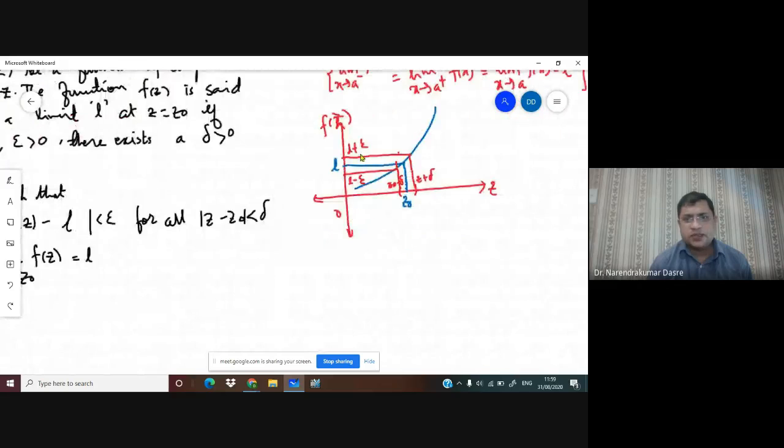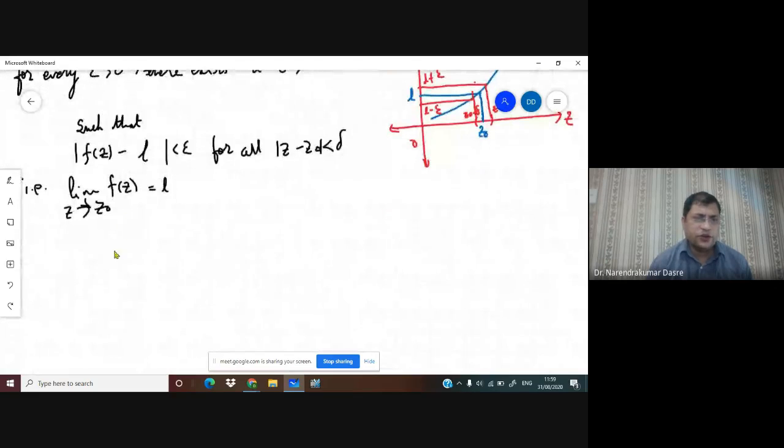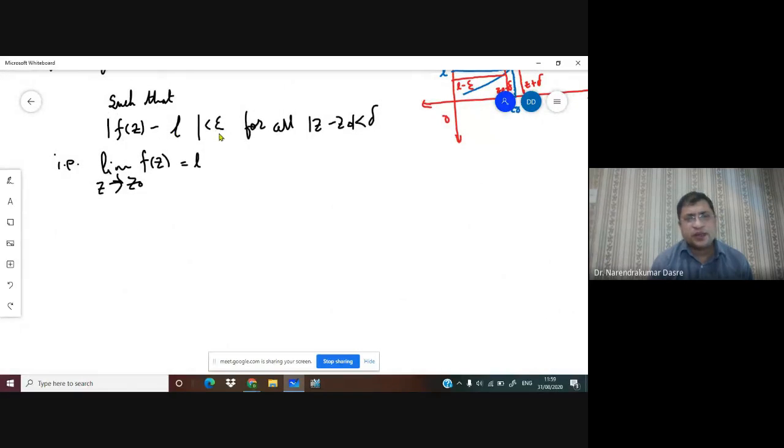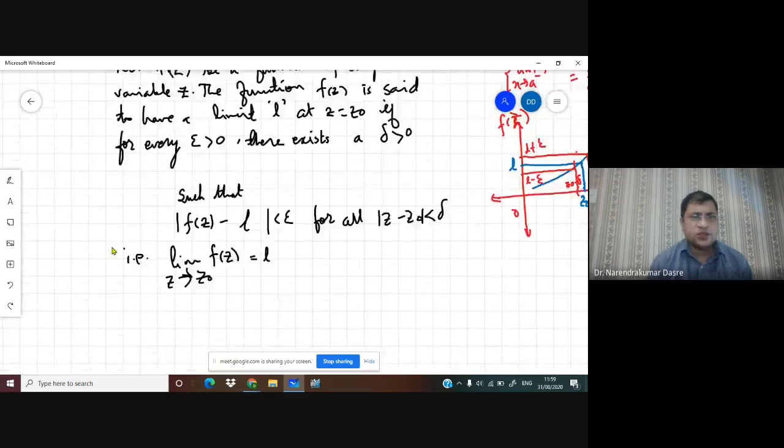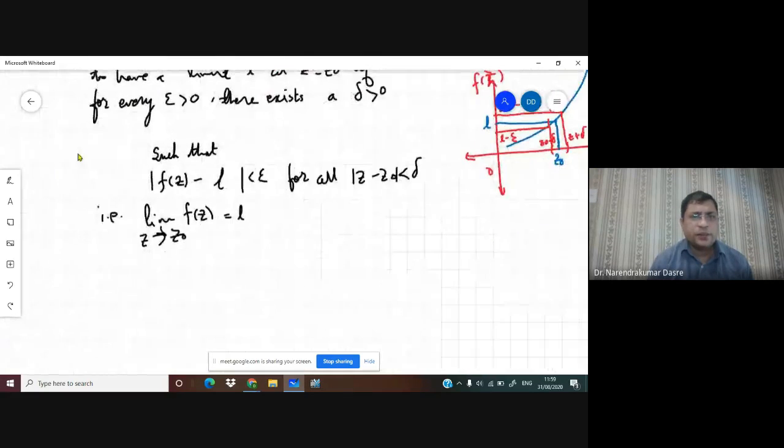But this is the meaning we have for this definition: the epsilon neighborhood and the delta neighborhood. Okay, now we have the continuity. So this is what we have, the limit.